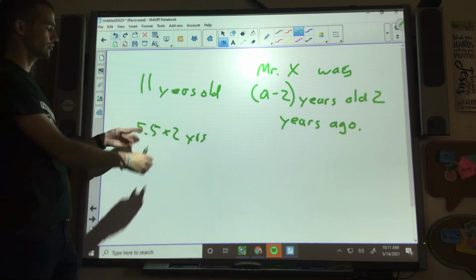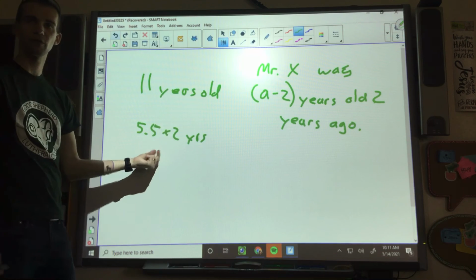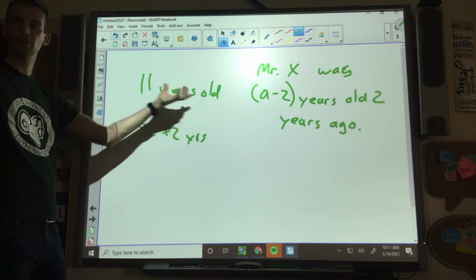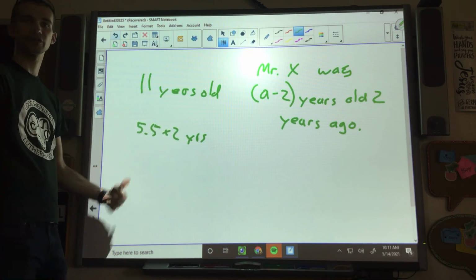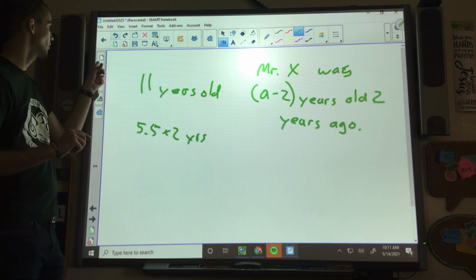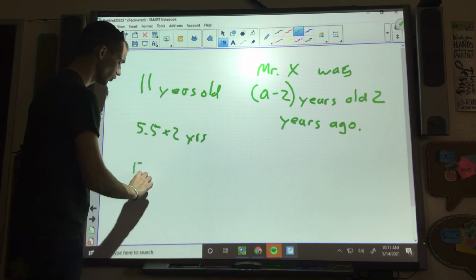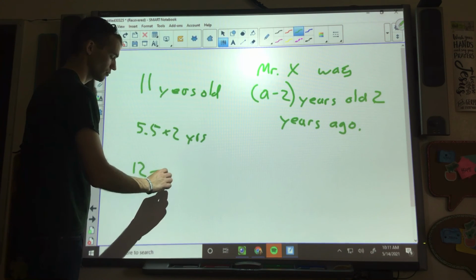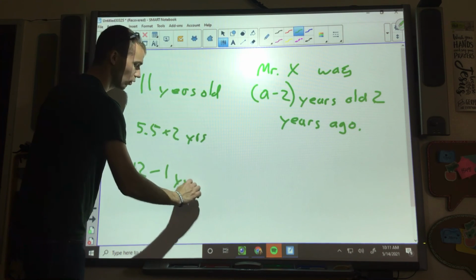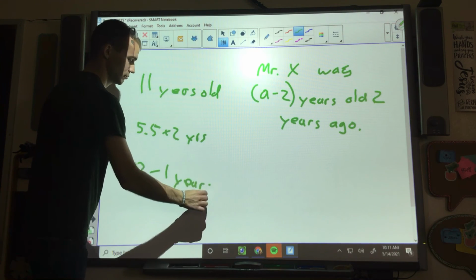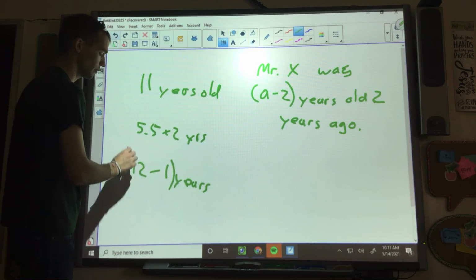So when you have multiplication right here, the label goes right next to it. But if I said Jordy was 12 minus 1 years old, now I need to put parentheses on it.